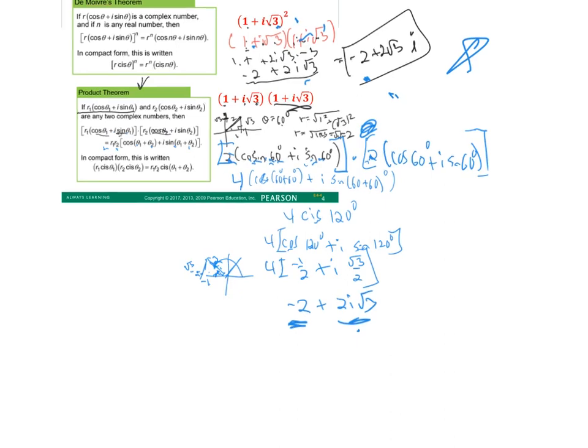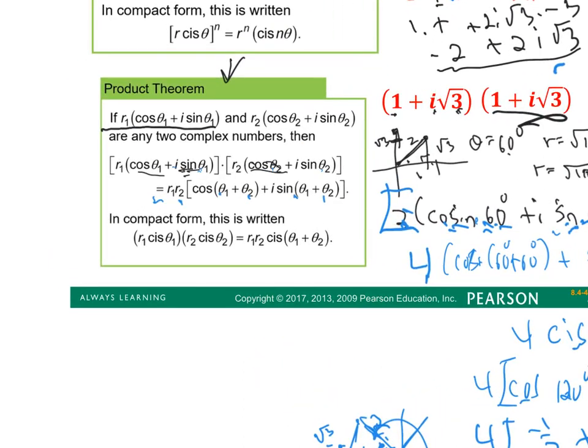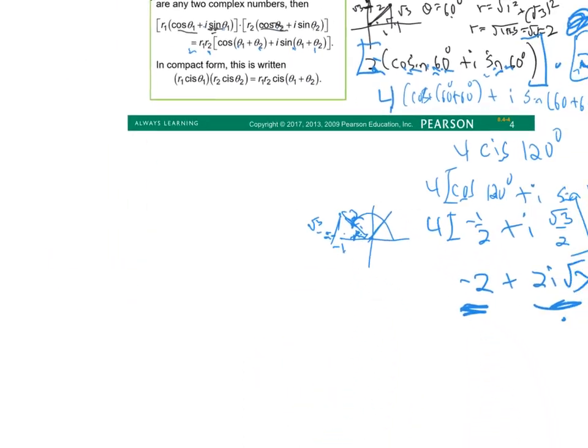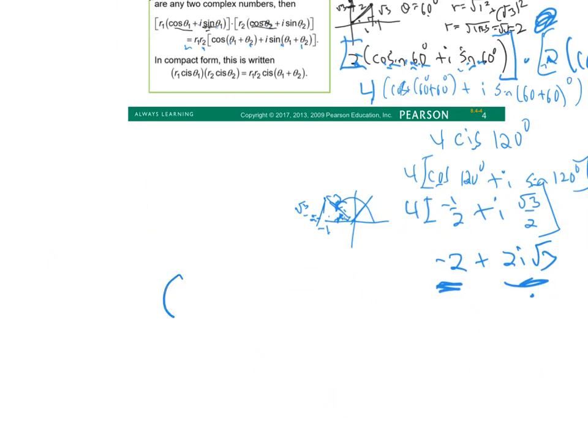But again, why do we learn this problem? I don't really want to do 1 plus square root of 3i to the 8th power. I don't really want to do it. It would take a long time, as I said before, to expand it out and multiply it out.